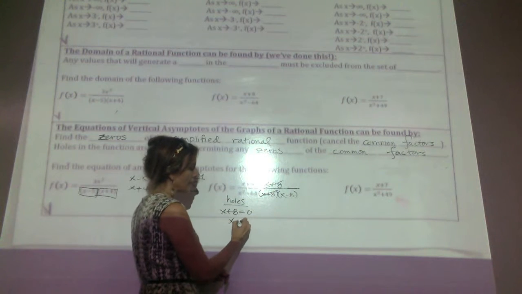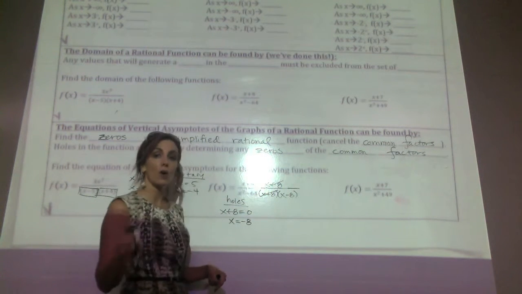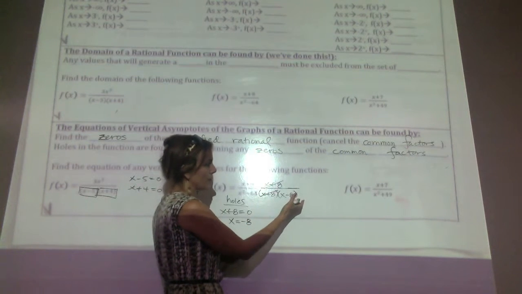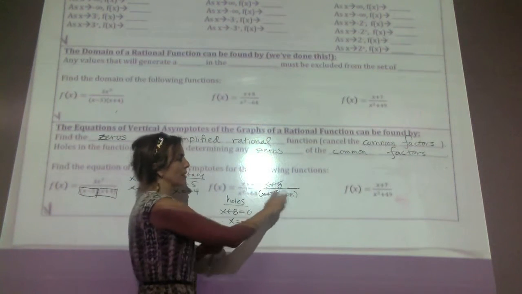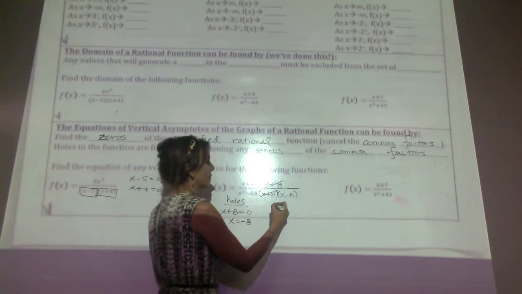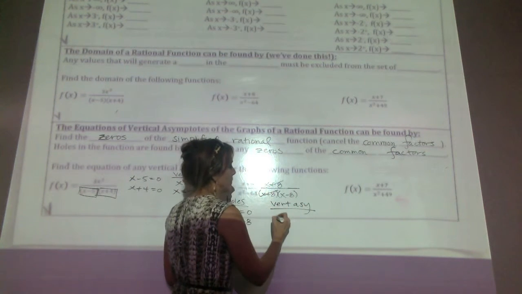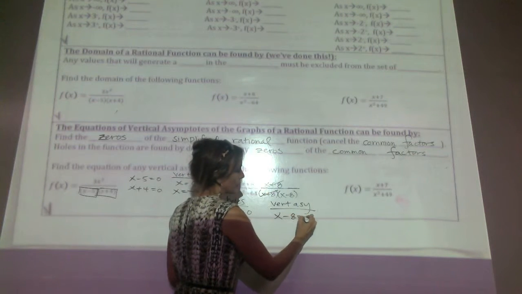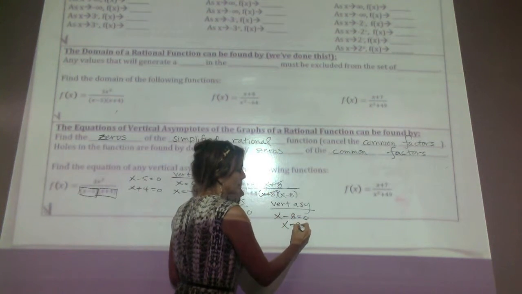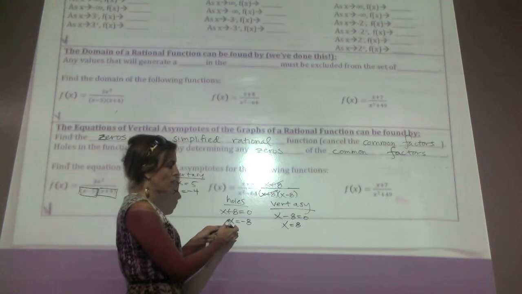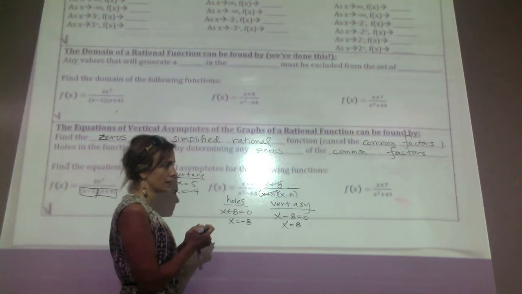So at x equals negative 8, there's a hole in that function. But now if I come over here and see what's left on the denominator that is not canceled out, this will give us a vertical asymptote. So x minus 8 is equal to 0, x equals 8. There's a vertical asymptote at x equals 8, but there's a hole at x equals negative 8.